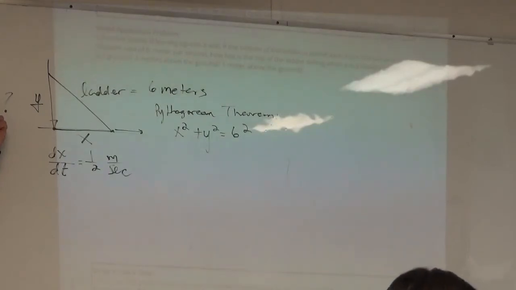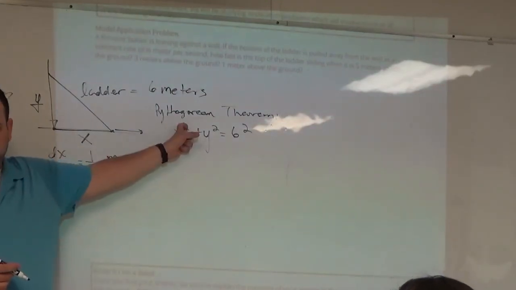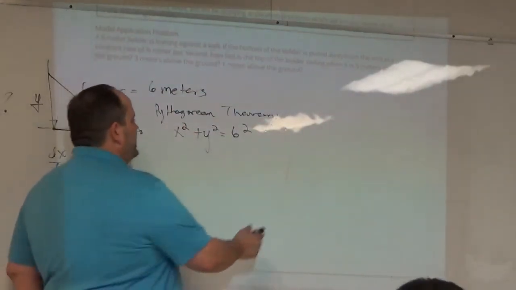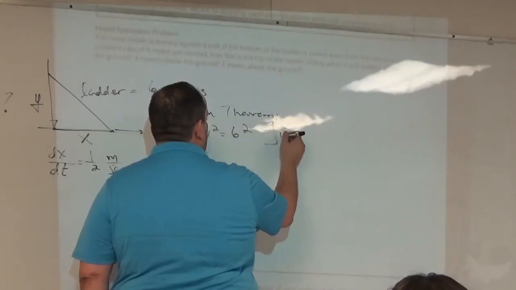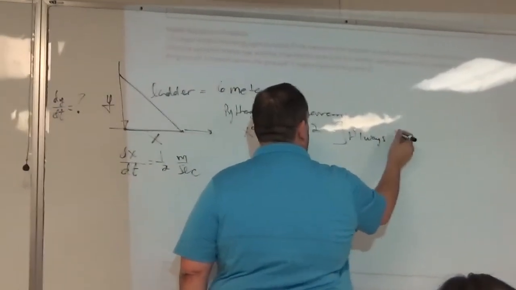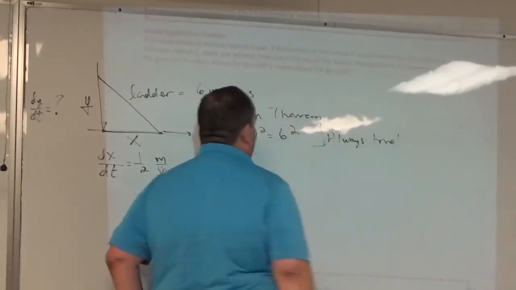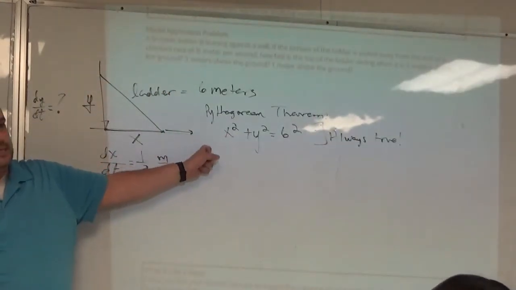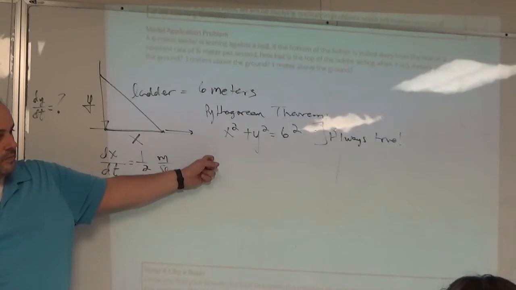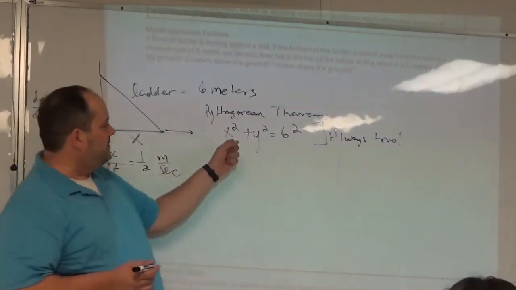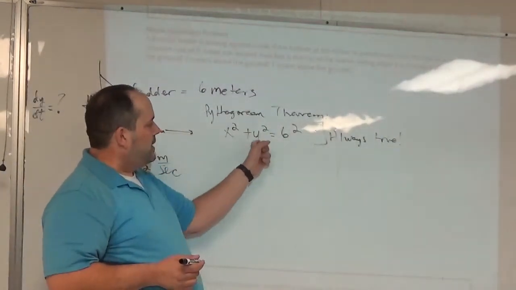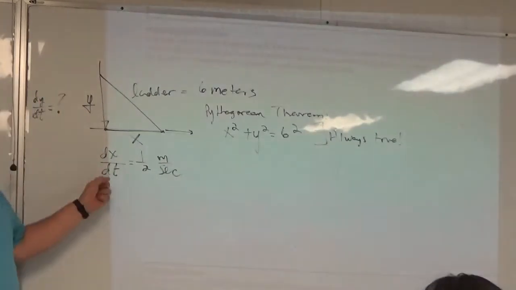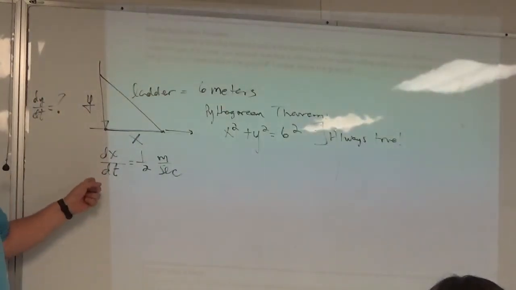Everybody mostly okay? We're good with the equation. That equation is always going to be true. And so if this is always going to be true, this is what you can take a derivative of. Because this relationship's always going to be true. Well, what's the derivative of x squared plus y squared equals 6 squared if I'm looking at how things change over time?